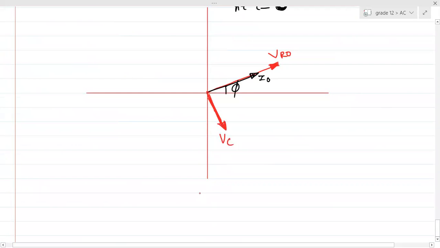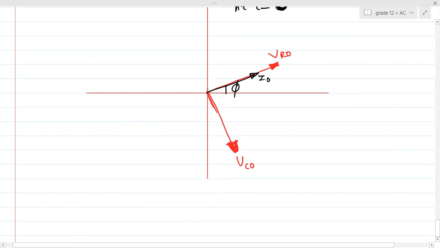VC will come over here. Yes or no? I'll draw it a little bit big. The reason behind this you'll get to know soon. So can everyone see this VC naught phasor? Yes, sir.